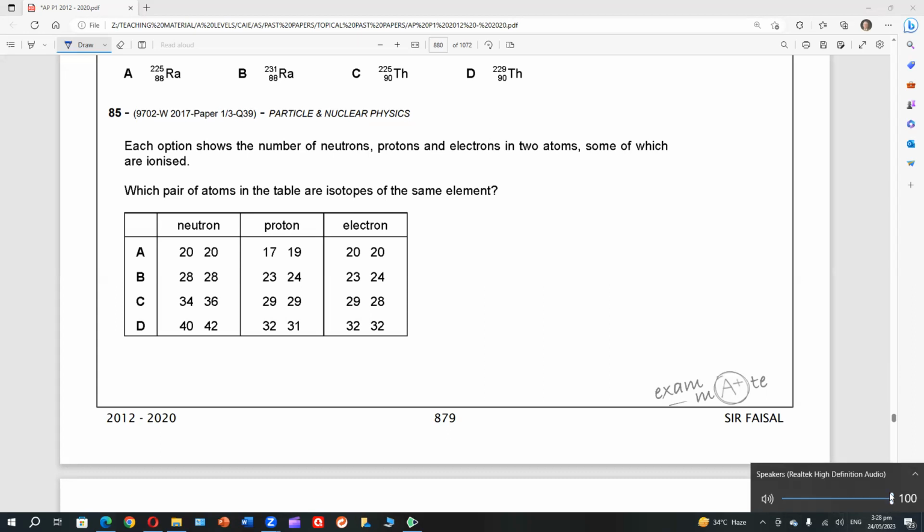On my side, the speaker is working fine. You can try to see if I can hear you. Can you hear? Yes. Did you say something? Yes, I was saying that it has the same protons. The volume is low, your sound is coming very low. Maybe it's a problem with the mic.